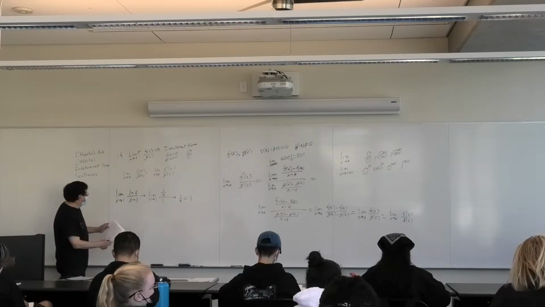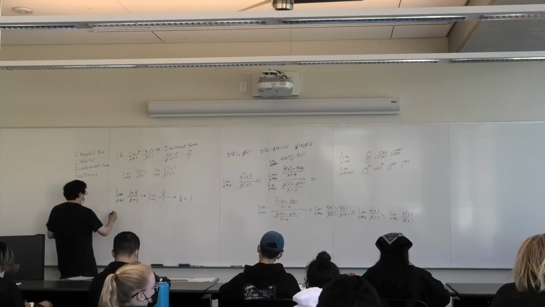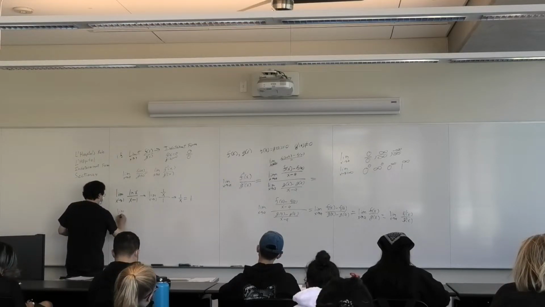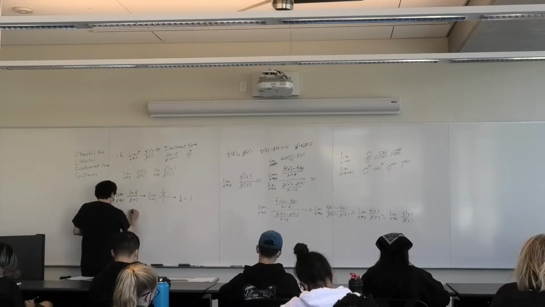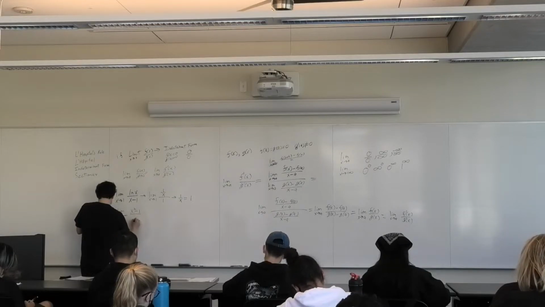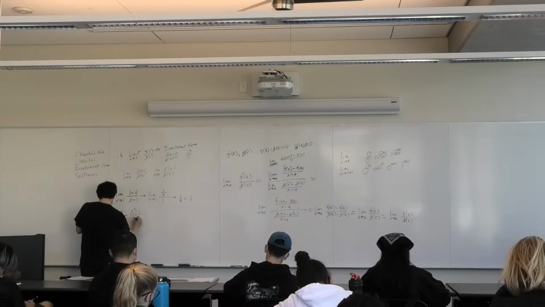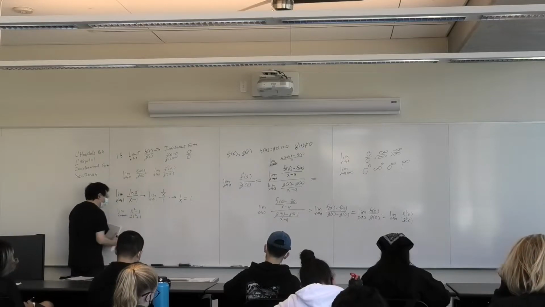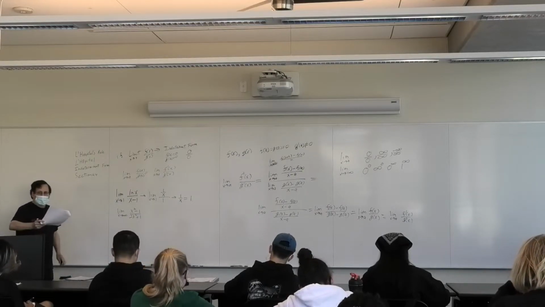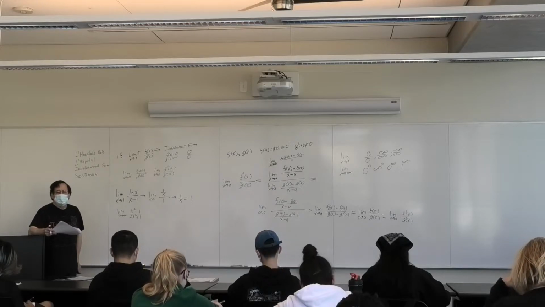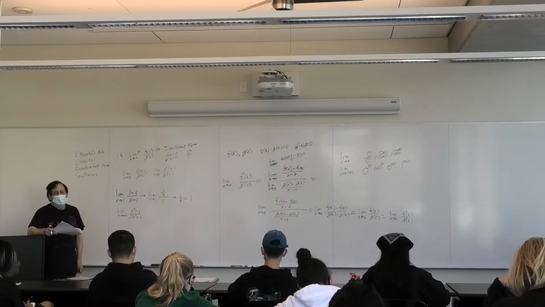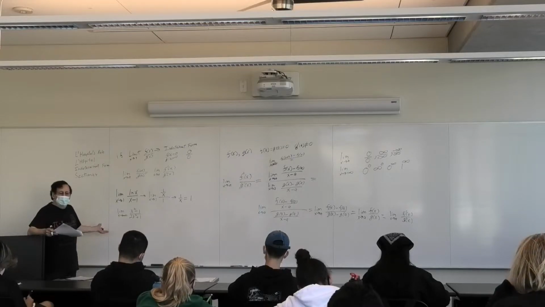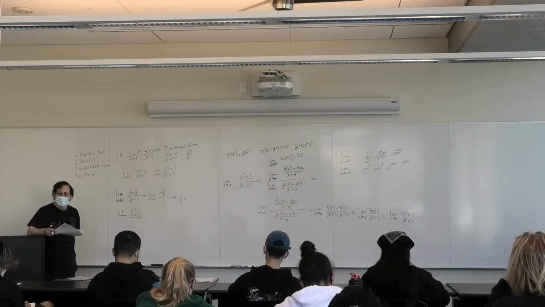Another example. Let's take a look at a limit at infinity. The limit as x goes to infinity of x squared minus 1 over 2x squared plus 1. At the risk of sounding tedious and boring, I'm going to repeat: the first step is to make sure this limit goes to an indeterminate form.